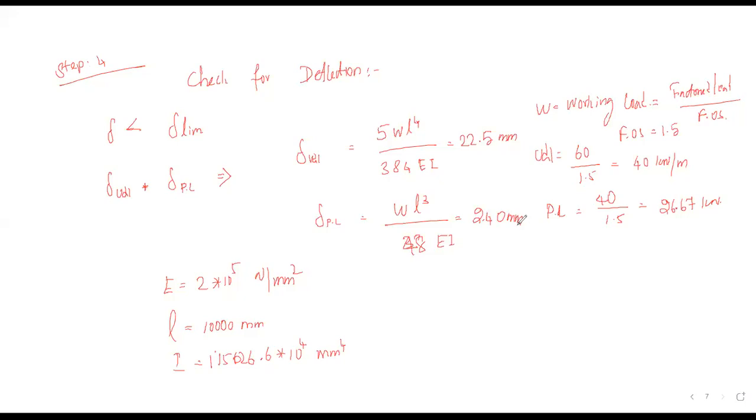So we have to check that value also. Combined together, the total delta is equal to 22.5 mm plus 2.40 mm. Therefore, total delta becomes 24.9 mm.